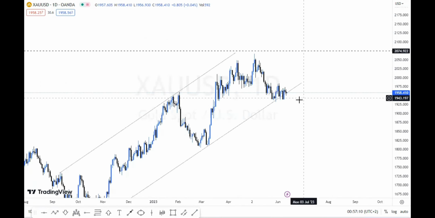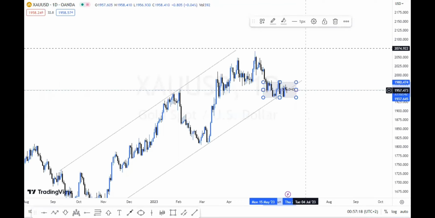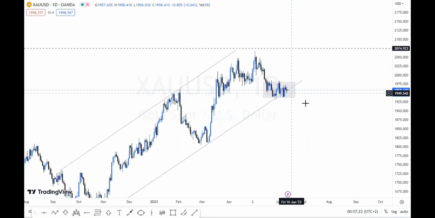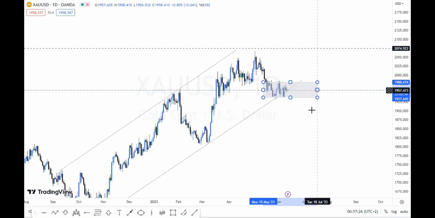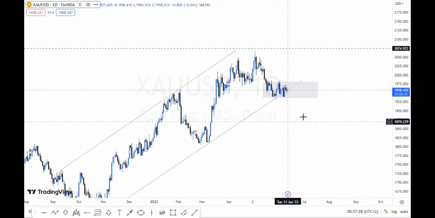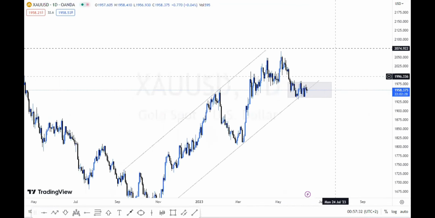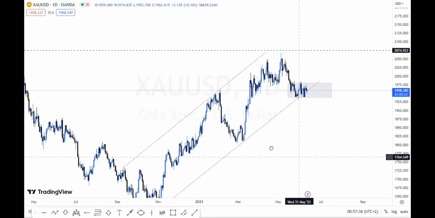But at the same time, with all this price action happening here, the buyers are pretty much uncertain or doubtful, and the sellers are also holding back, hence the consolidation. We don't know how long it's going to last and where the consolidation is going to break. But that's the price action right now. The buyers and sellers are just fighting at this point.